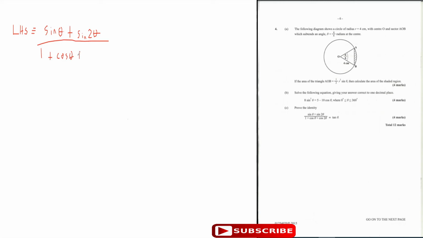In order to do this proof, you're going to need to know some trig identities. The identity that you're really going to need to remember is that sine 2 theta is 2 sine theta cos theta.